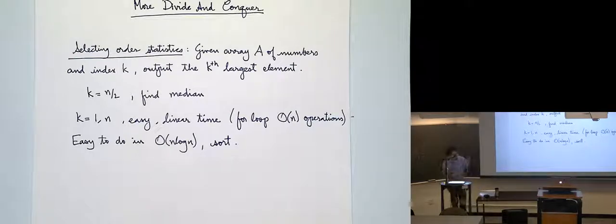And so this is quite challenging if you really think about it. How are you going to find the median of the array without actually sorting it? Right, so I just want to pause and think about this question. How do you find the median?